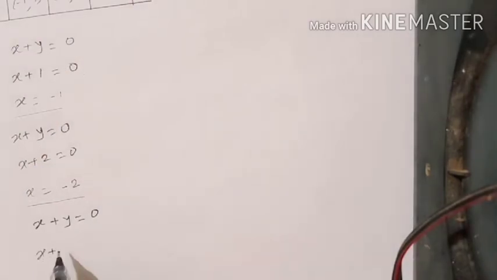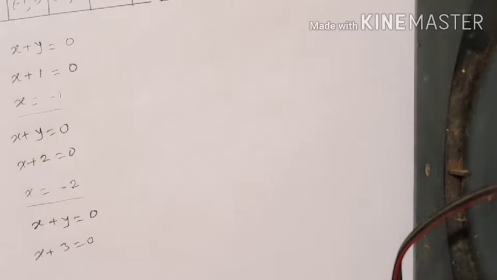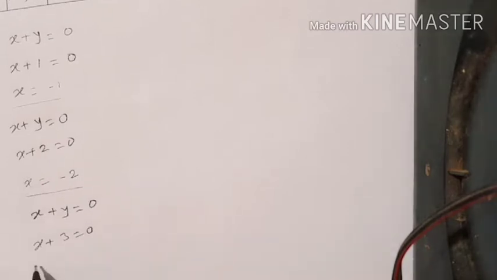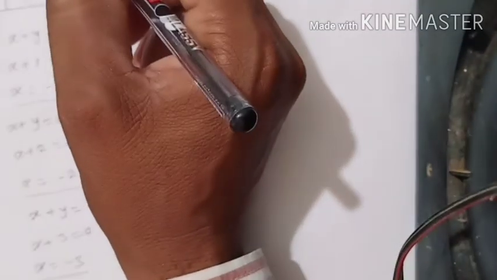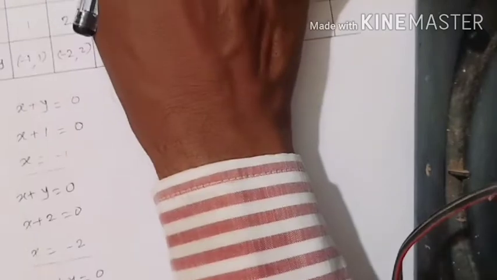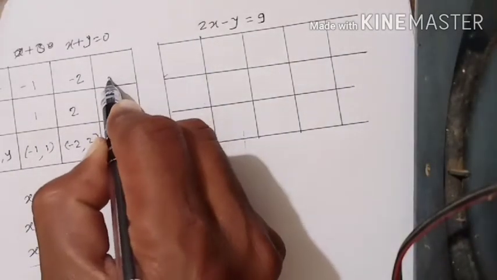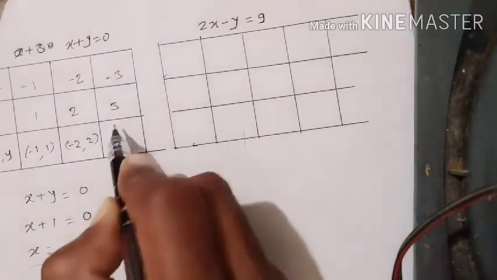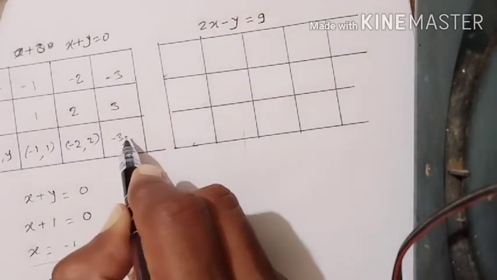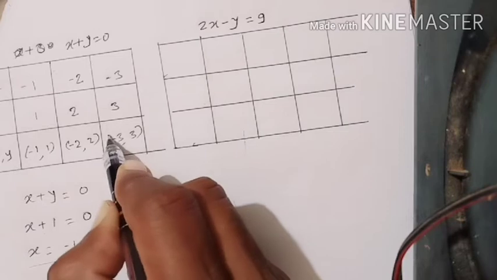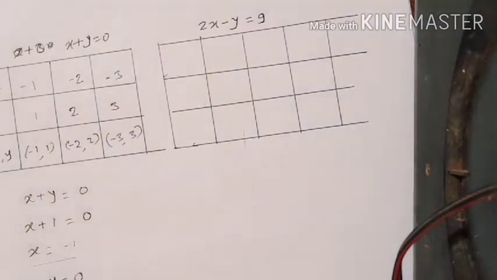Therefore, x plus 3 is equal to 0, and x is equal to plus 3 becomes minus 3. Therefore, we will put the value of x that we have found in the box, that is minus 3, and the coordinates are (-3, 3). In this way, the first box is complete.